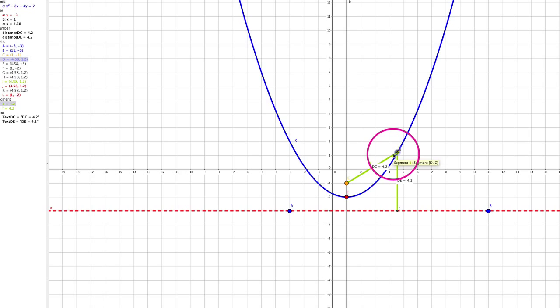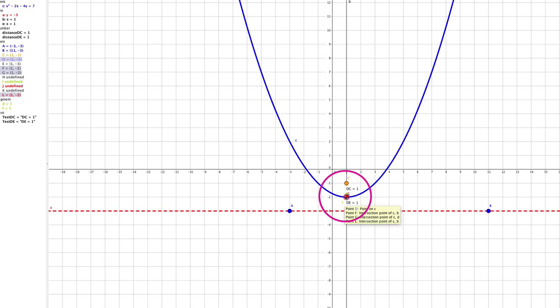One thing I want to notice right off the bat is that the focus is on the axis of symmetry of the parabola. And since every point on the outside of the parabola is the same distance to the focus as it is to the directrix, we can always say that the vertex is the midpoint between our focus and our directrix.